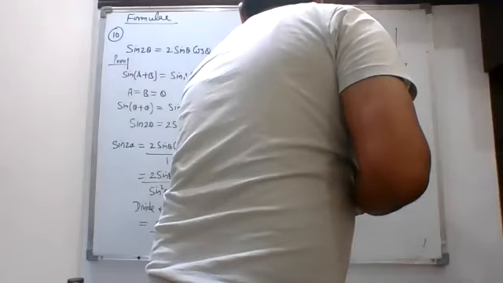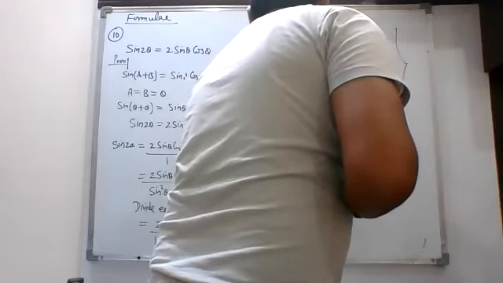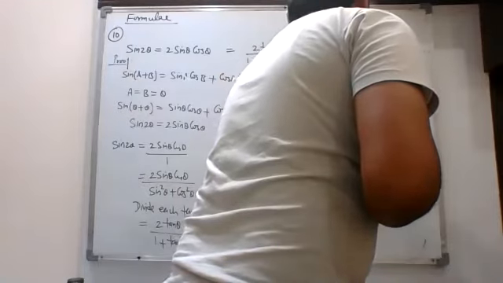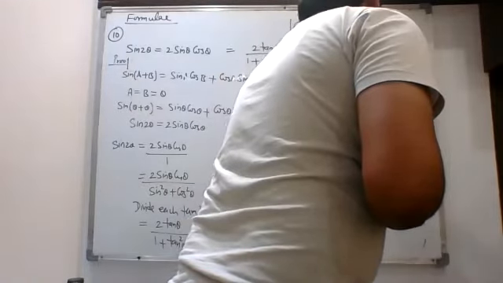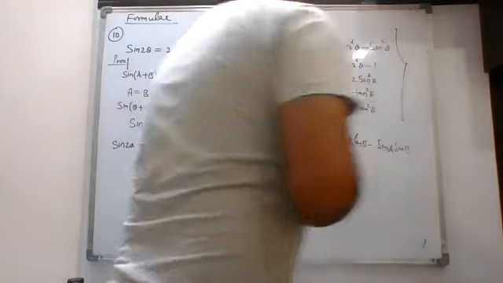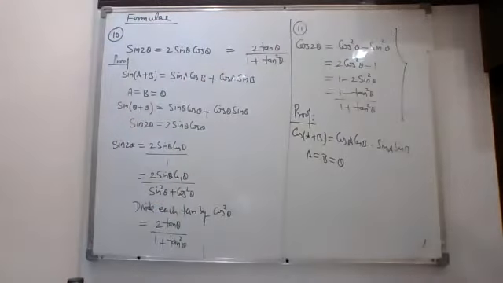So, you know that cos(A+B) we already had done. That was cos A cos B minus sin A sin B. Now, if you put A equal to B equal to θ, then you will get this first formula directly. You check that.